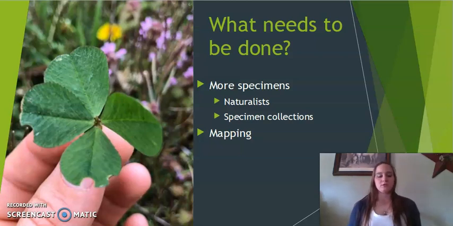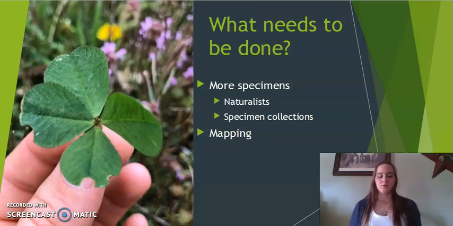So what still needs to be done? More specimens need to be collected from Bailey Mountain, and this not only includes from along the trails, but other parts of the mountain as well. Naturalists are actually one way that we can obtain this information.